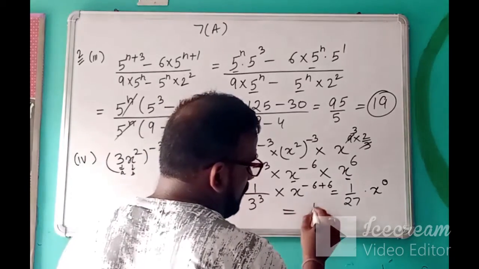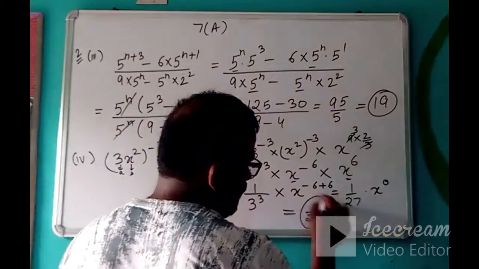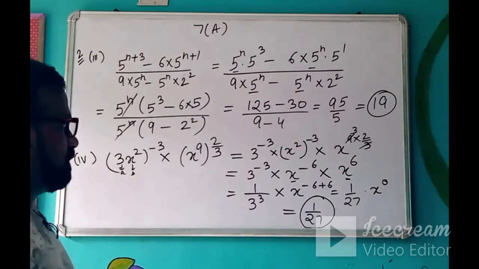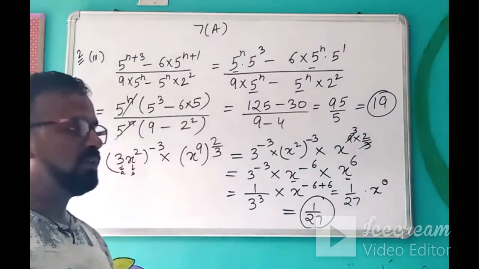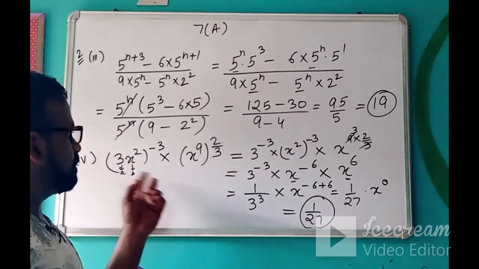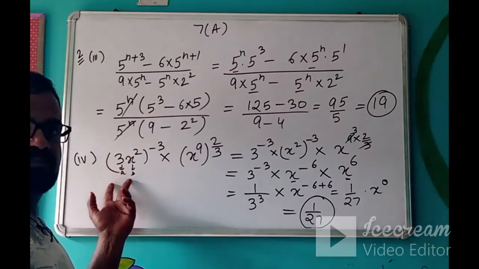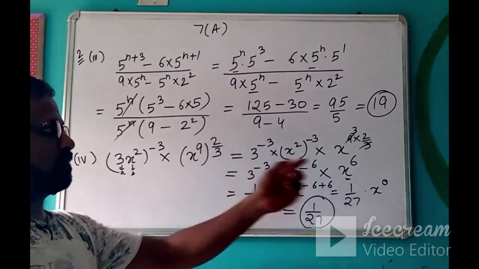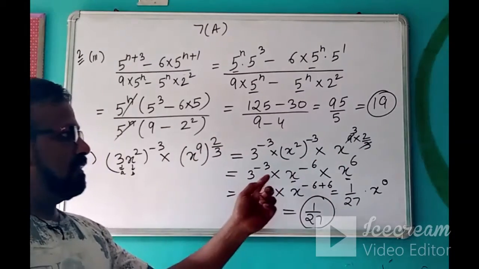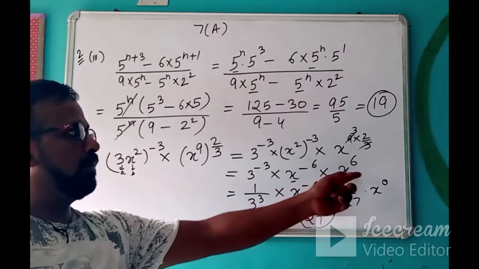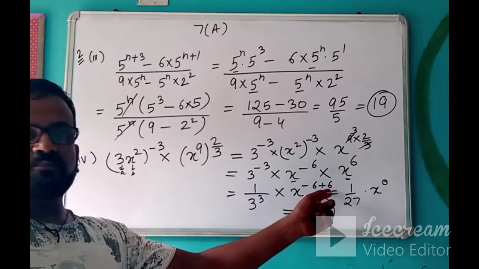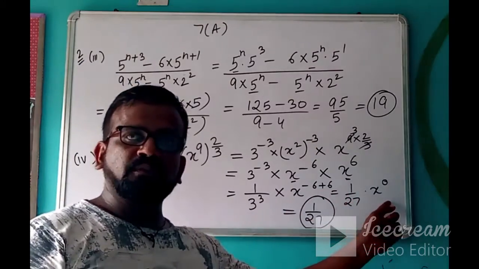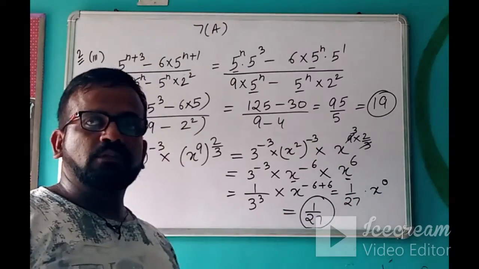So our answer will be 1 upon 27. Again we have used the laws of exponents: first we separated, then multiplied these exponents, then used the product rule again and added the exponents, then anything raised to the power 0 is 1, so our answer becomes 1 upon 27.